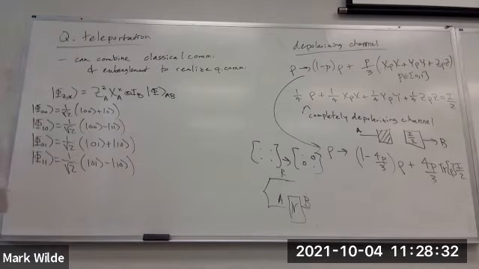And then you can see things like if we add phi 0 to phi 1, the 0, 0 term survives, the 1, 1 term is gone. So those identities are helpful for understanding teleportation.